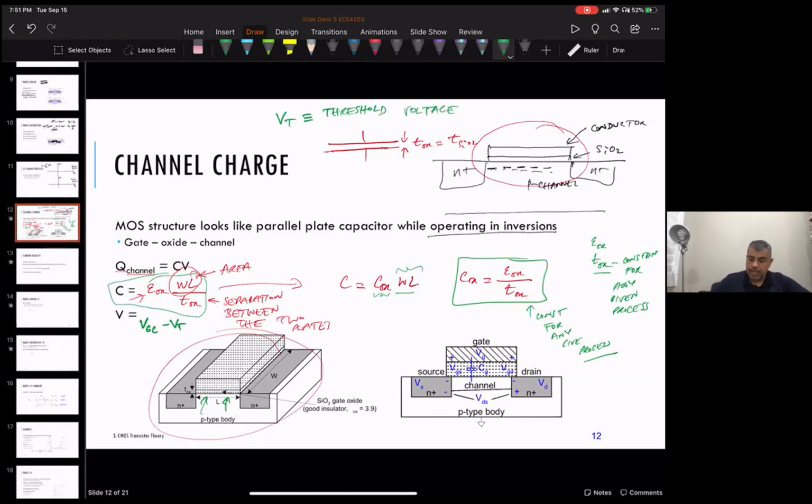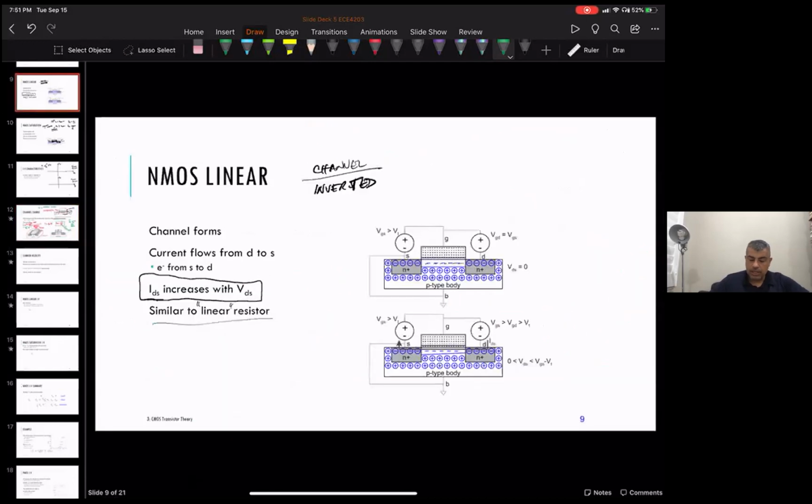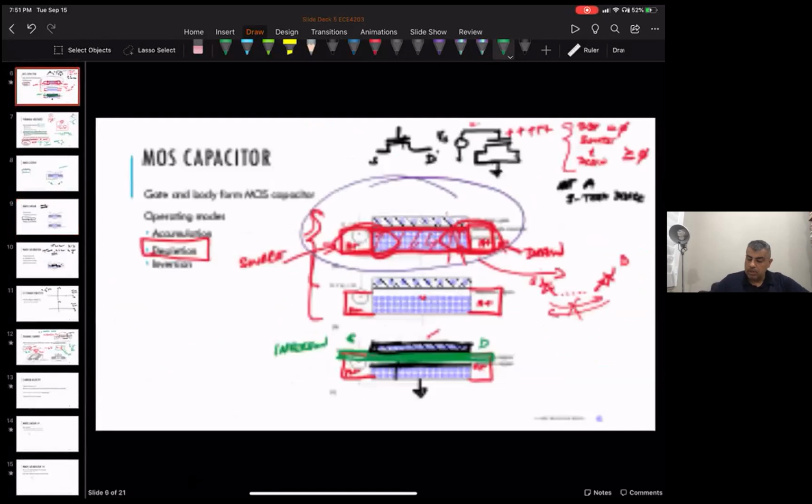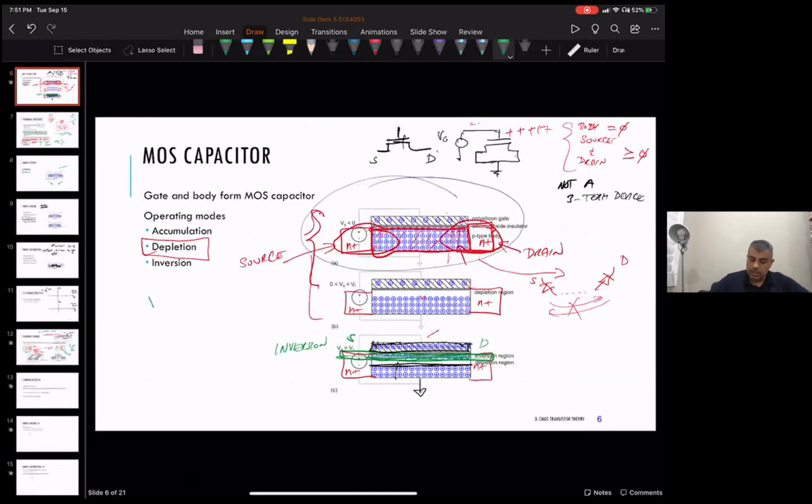So the threshold voltage is defined as the voltage where you go from cutoff to inversion, or from depletion to inversion, depending on what you want to look at.